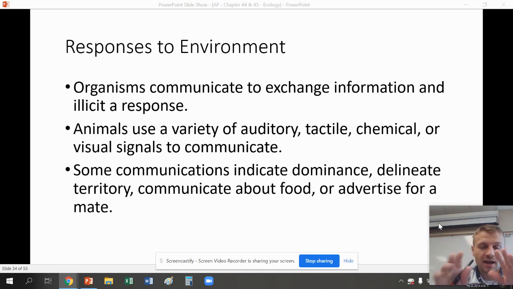Tactile, this is feeling, like anything where an organism has to feel for another type of signal. Chemical could be pheromones, could be smelling something that's around. And also visual ones. That's the one everyone easily gets. You see a snake with different colors, and you're like, ooh, I don't want to go close to that snake because it's communicating something to me.